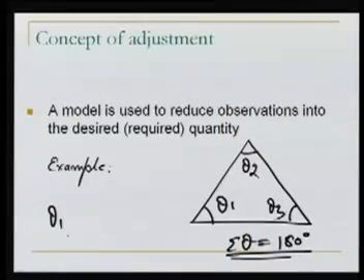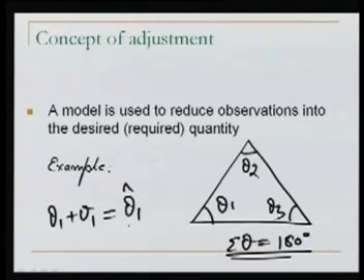So what we are doing in observation, if theta 1 is observation, I am applying a particular correction to this so that I get theta 1 hat. So theta 1 hat is the estimate. What is the meaning of this? In observation we applied the correction by some method, we get an estimate.